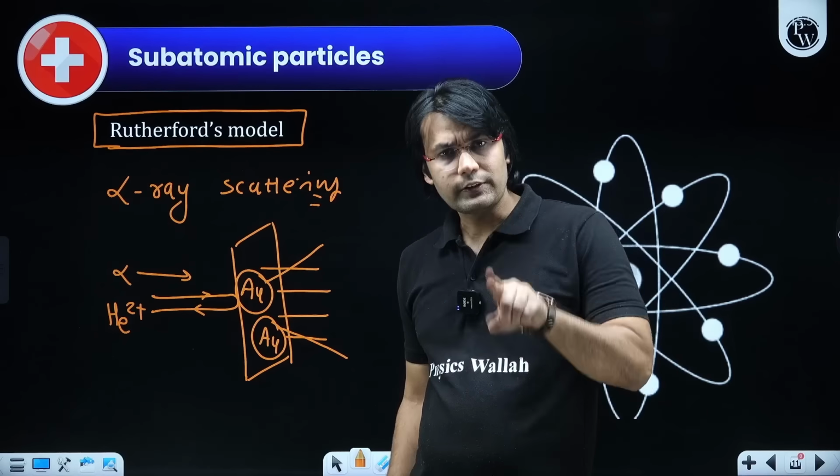Suppose that when the electron gets ejected, it absorbs E naught amount of energy. So E energy you are giving, and out of that E naught energy is absorbed by the electron. What is your remaining energy then? The remaining energy will be E minus E naught.